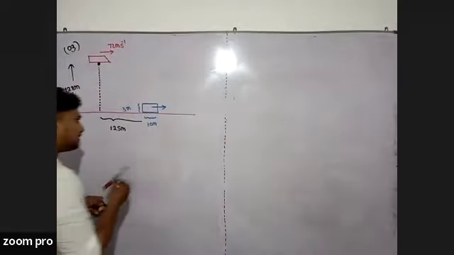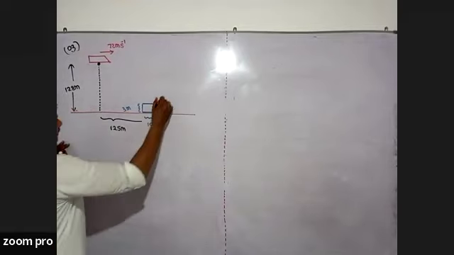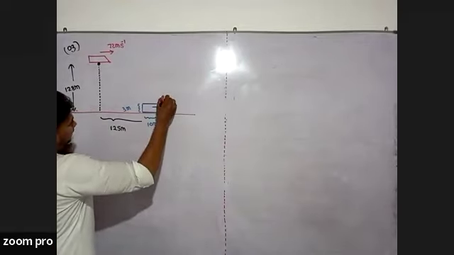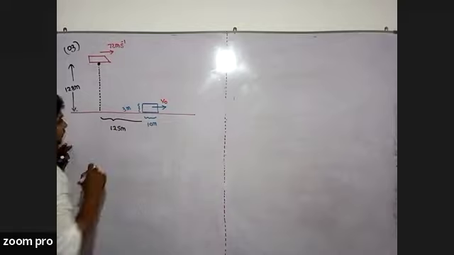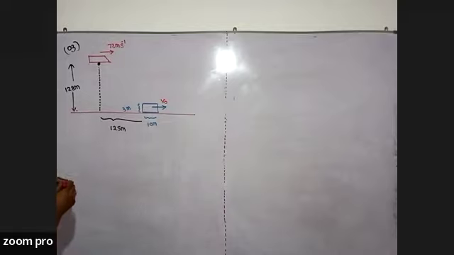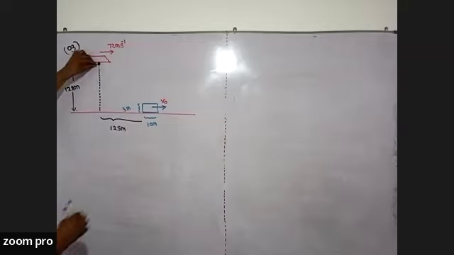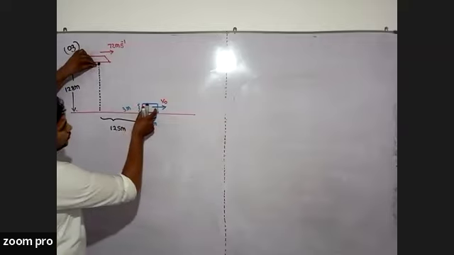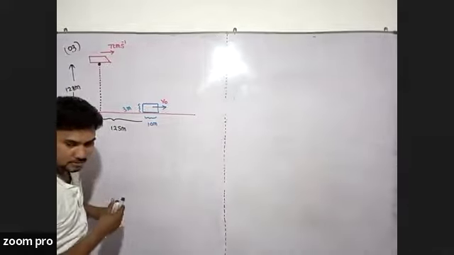So let's assume the velocity of this truck is v naught. This is the position of the bomb and the truck when the bomb is released from the aircraft, right? Now let's assume that when the bomb is released, this truck is also moving towards this direction, right?